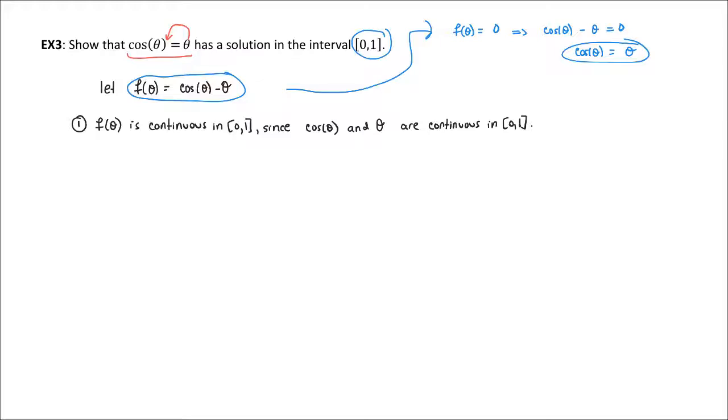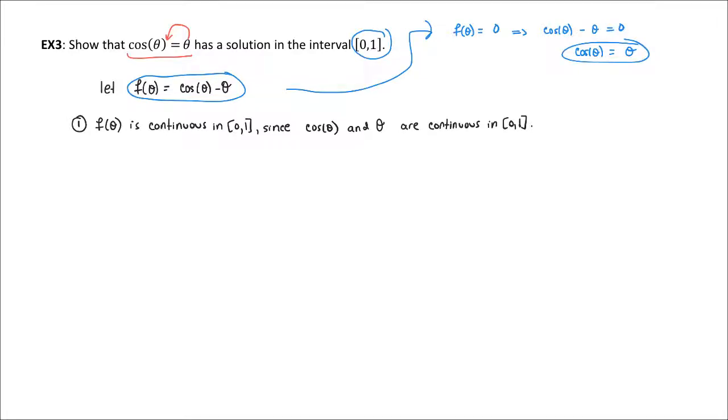And remember that back in section 2.4, if we add and subtract continuous functions, we get another continuous function. And here I have the difference of cosine theta and theta. Theta is like saying cosine x and x.